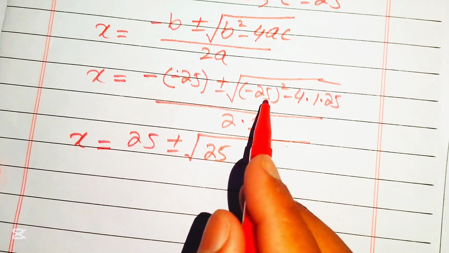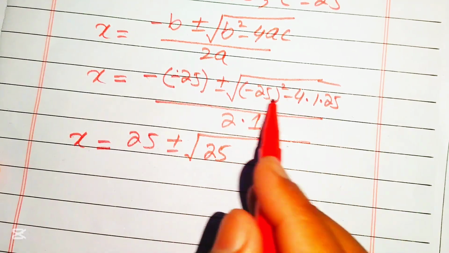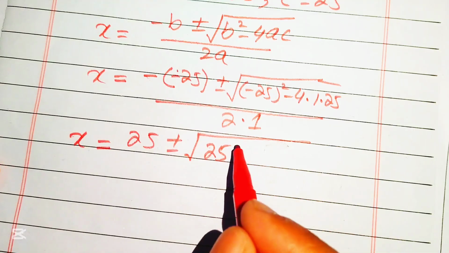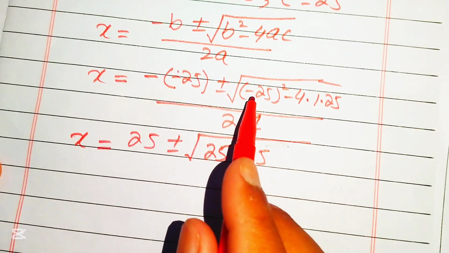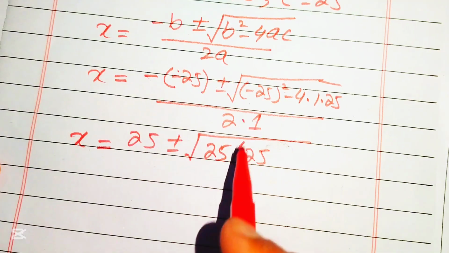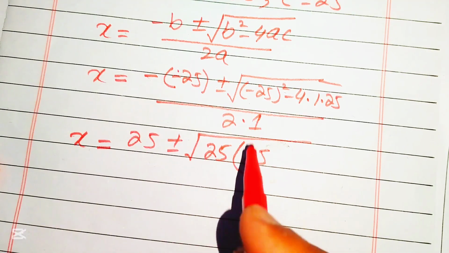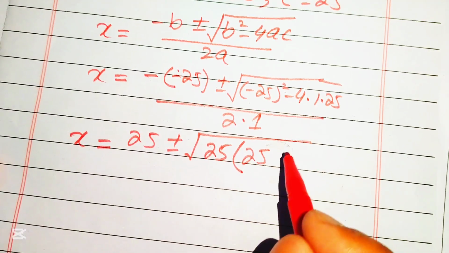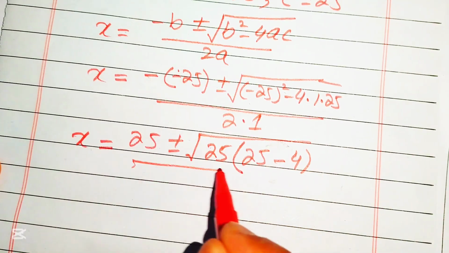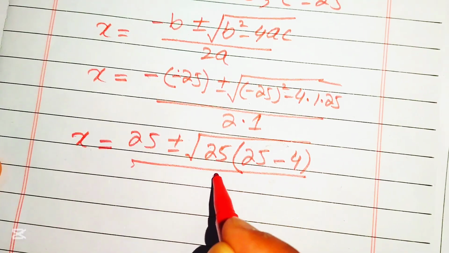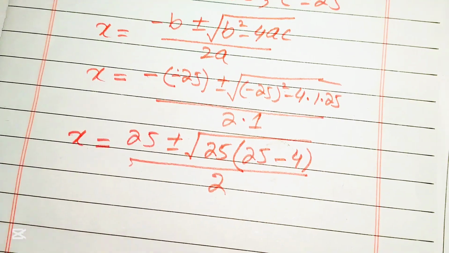You see here this is 25 squared and this is 25, and we take 25 common from these two terms and get the remaining terms here. You remember that this minus squared becomes positive, so we take 25 common and get positive 25, and here we obtain this minus 4 only, and it is divided by 2 times 1, which equals 2.